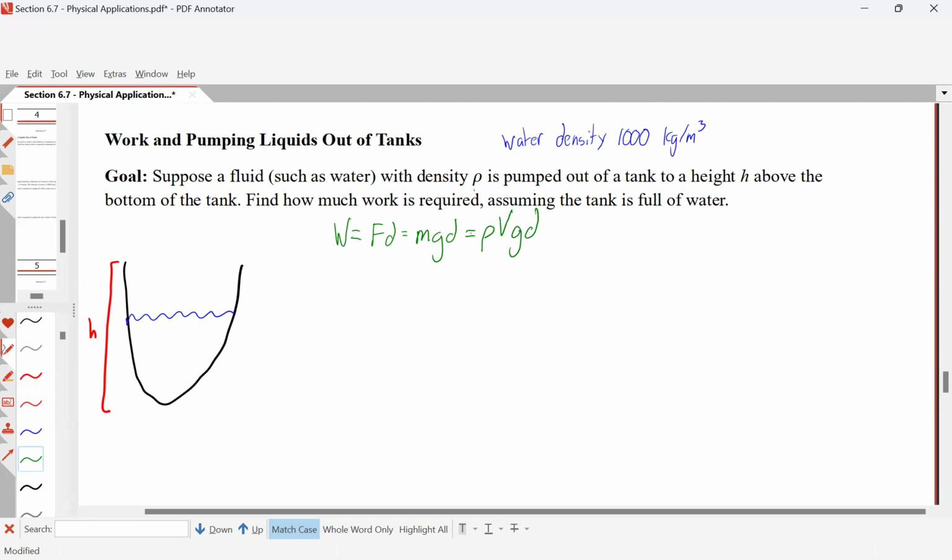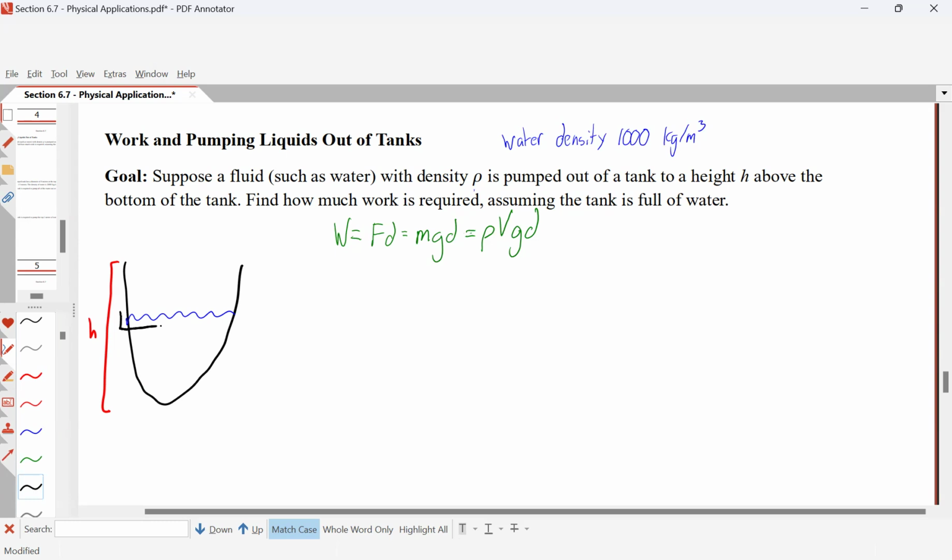And this has that very similar setup to pulling a chain up to the top of the building. But now, instead of the chain being just a straight linear object where we only need to worry about the length, now we have a 3D tank object where there's a little bit of volume to all of this.